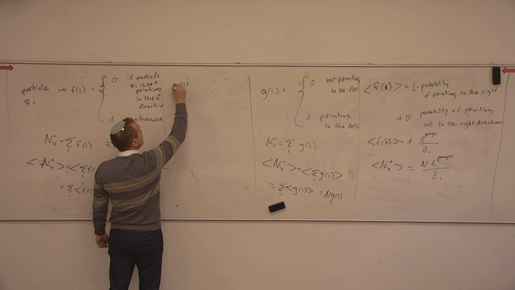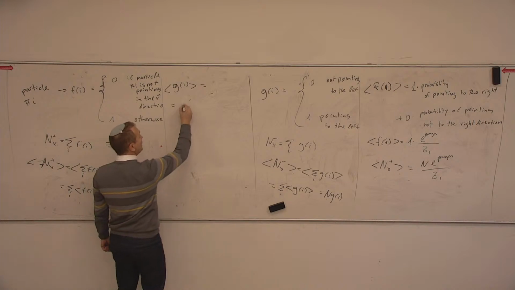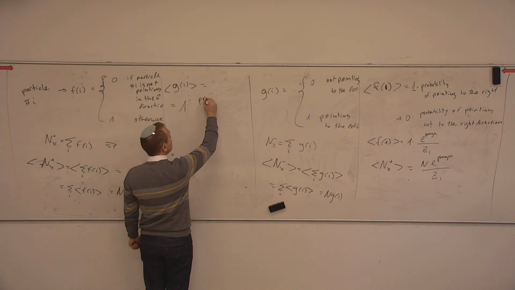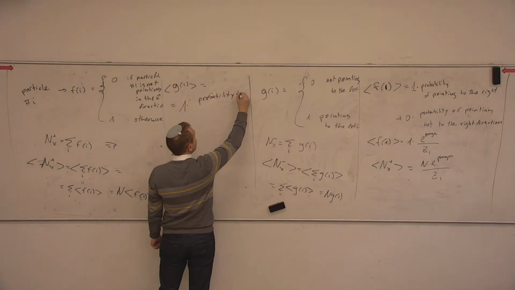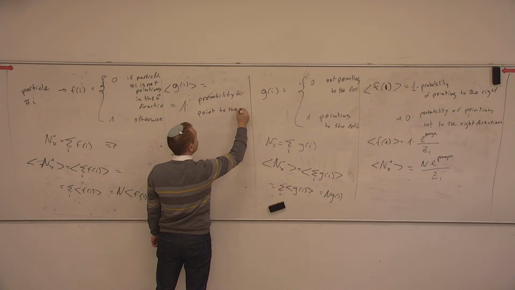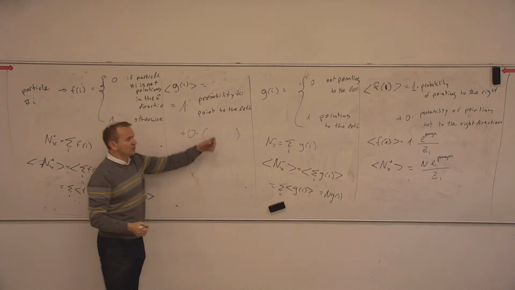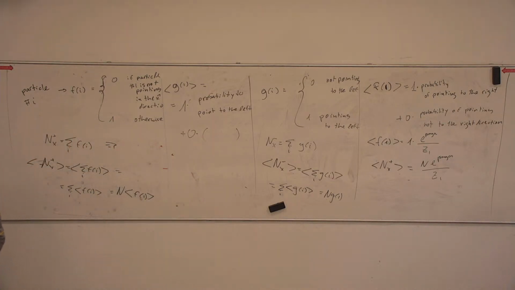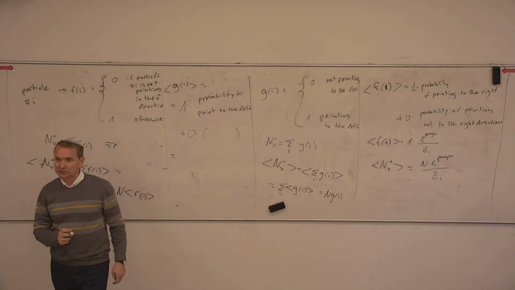Now, as I calculated the average f1, I'm doing exactly the same for g1. So g1 average is 1 multiplied by the probability to point to the left, plus 0 multiplied by something, and I don't really care what this something is because it's multiplied by 0. I have only two states, 1 or 0. This is the magic of Bernoulli trials.